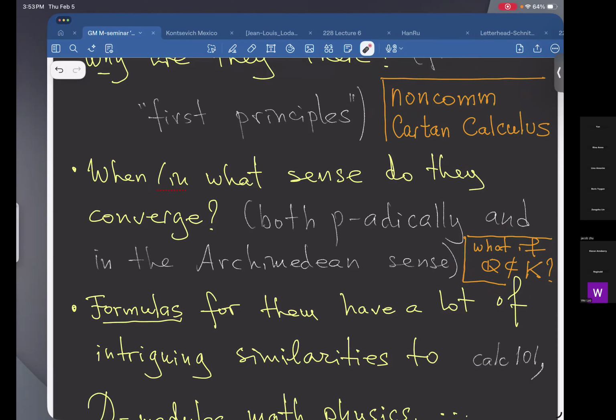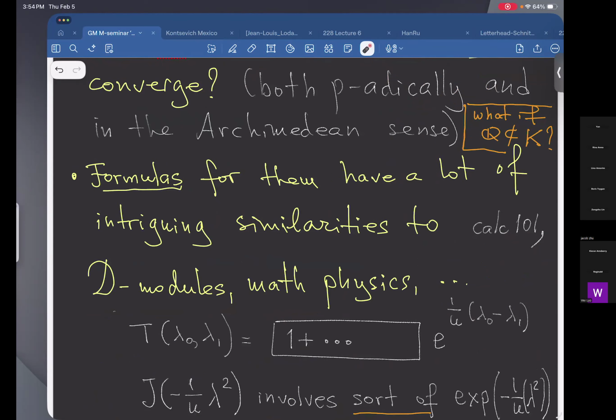It leads to some operators on suitable completions of the periodic cyclic complex. Should we look for them, and why, if we want them to converge?